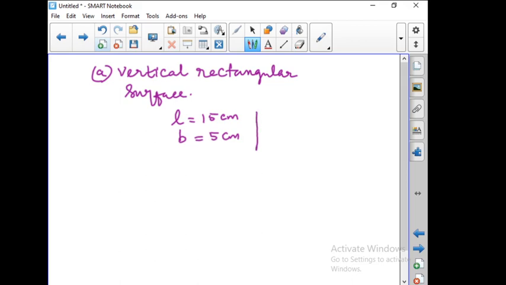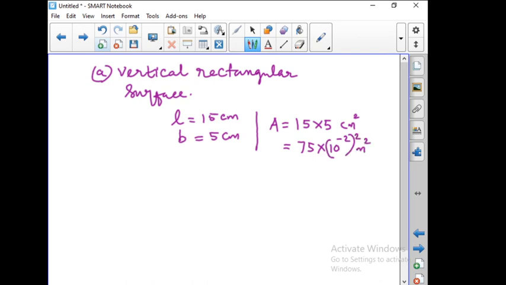We find the area as 15 into 5 centimeter square, that is equal to 75 into 10 power minus 2 the whole square meter square.